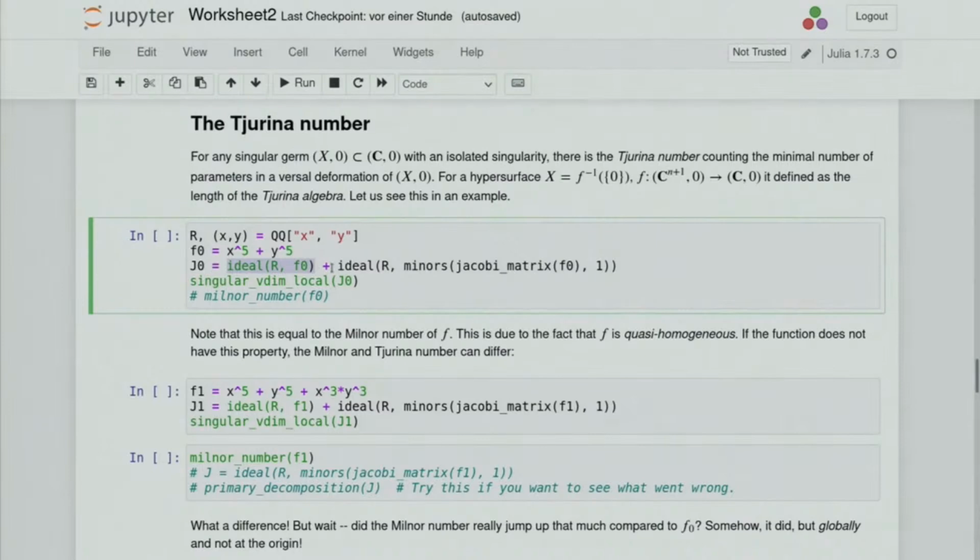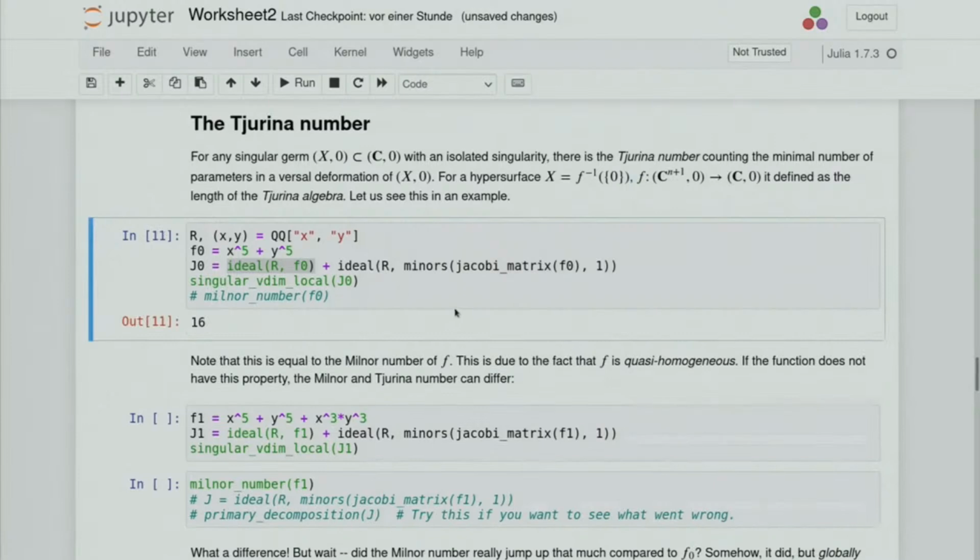That is important for the users. We cannot just write this, adding a polynomial to another ideal. It will complain. Good. Let's do that.